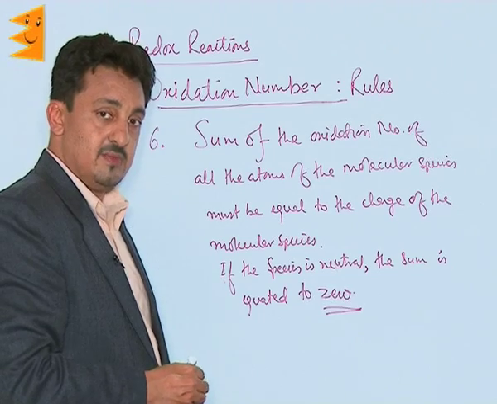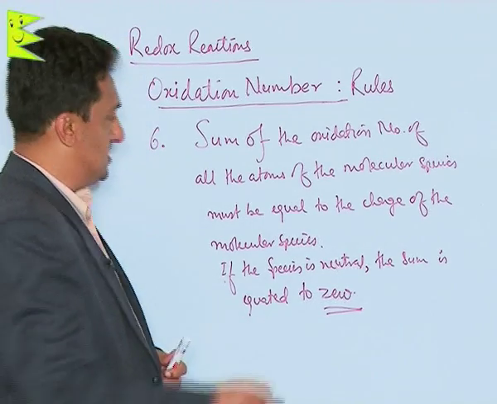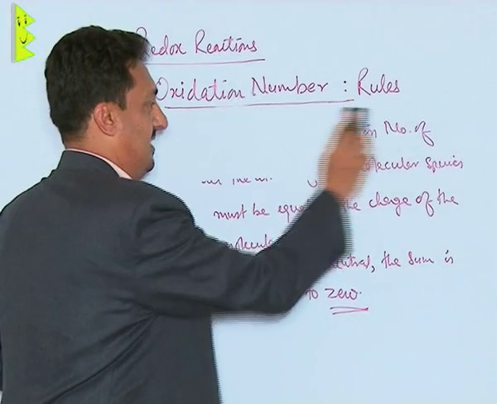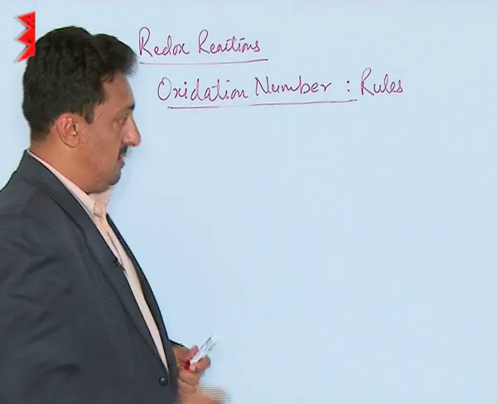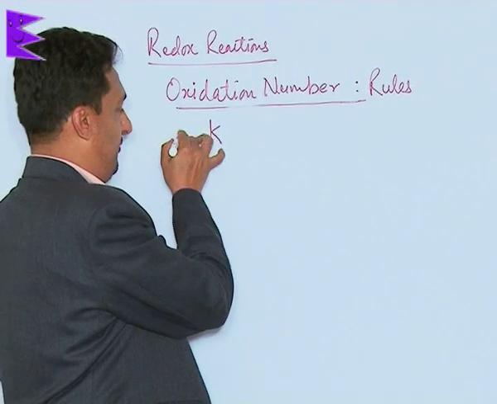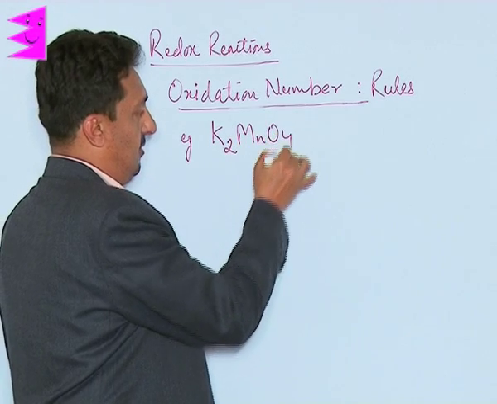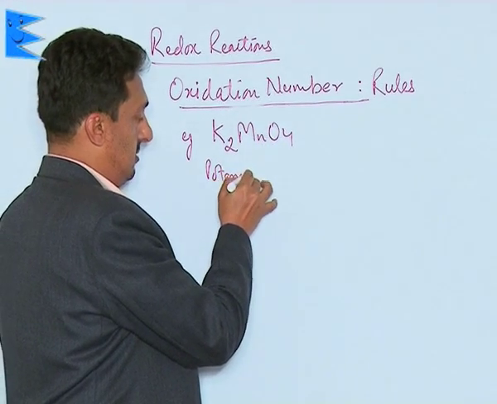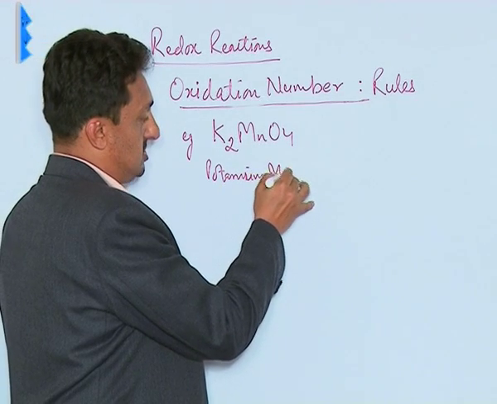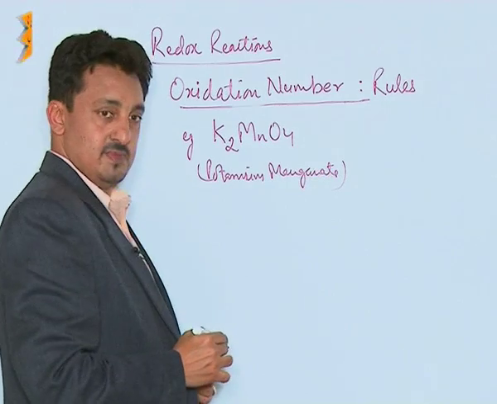Now let us understand all these rules by taking certain examples. Let us take the example of K2MnO4, which is called potassium manganate.